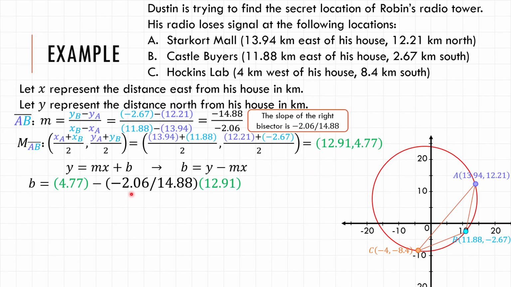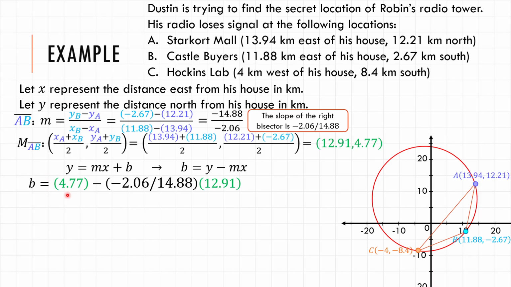Now here comes a bit of a tricky part. It was pretty easy for me to average these two and just get an exact value. But once I start dividing numbers that are both decimals, especially like 2 decimal places, and then multiplying that by another 2 decimal places, the number is going to get kind of ugly. So I'm just going to put all of this into my calculator and let it give me an answer.